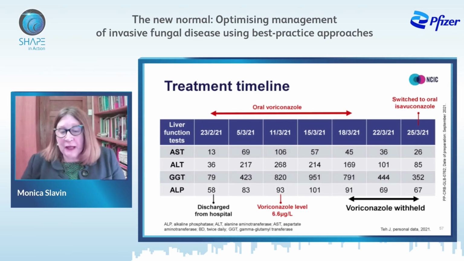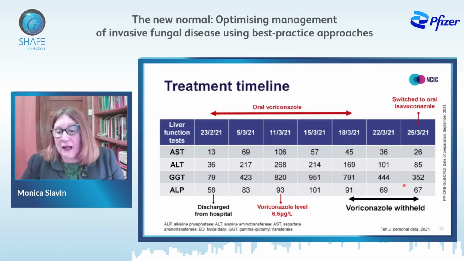So what happened with the patient? The patient started on voriconazole, but unfortunately persistently had rather high voriconazole levels, along with some disturbance in their liver function tests, which got worse despite adjustment of the voriconazole dose.